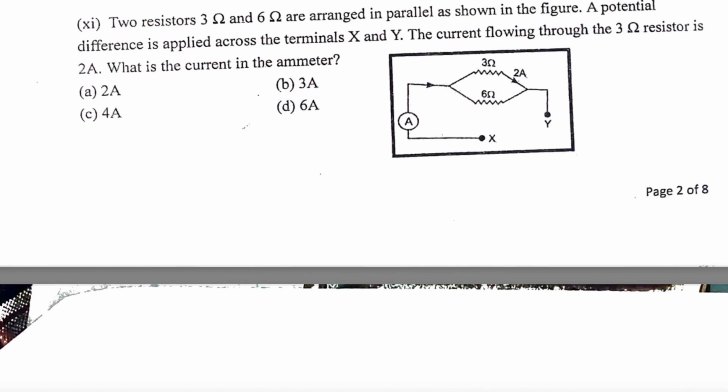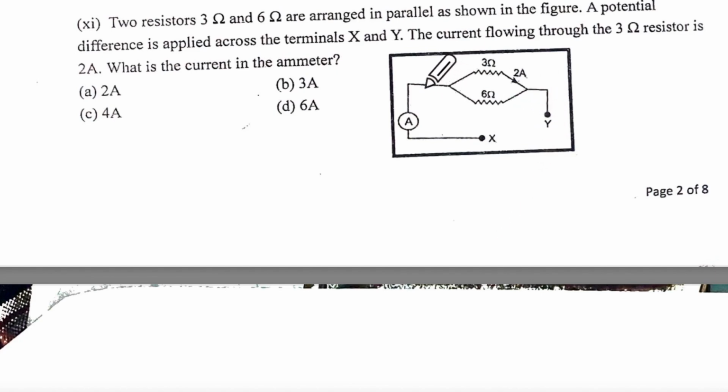What are they saying? Read. Two resistors, 3 ohm and 6 ohm, are arranged in parallel as shown in the figure. A potential difference is applied across the terminals X and Y. The current flowing through the 3 ohm resistor is 2 ampere. What is the current in the ammeter?